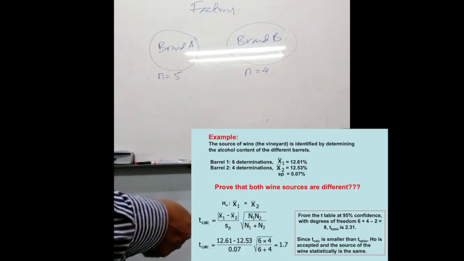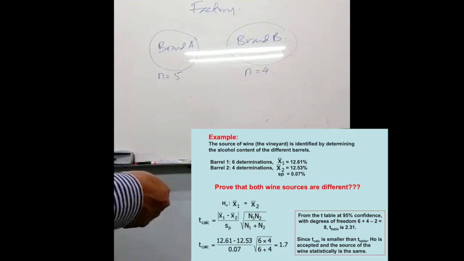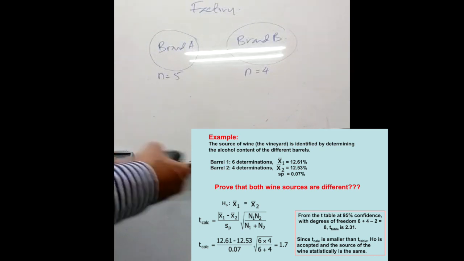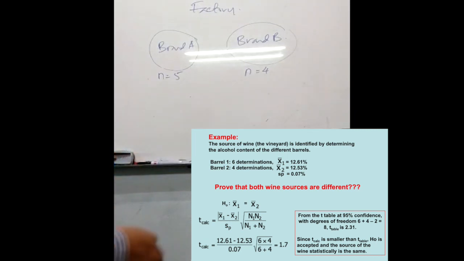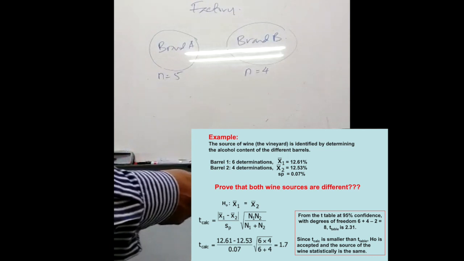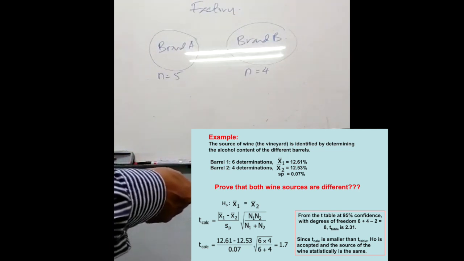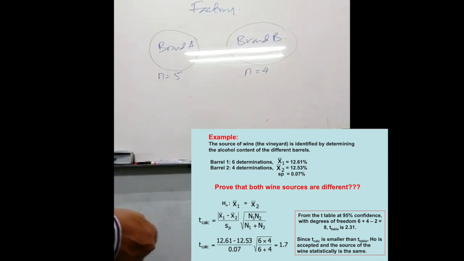Okay, let's say this is the example. From our replicates of barrel 1 and barrel 2, we believe barrel 1 and barrel 2 came from the same source. We have 6 determinations, meaning 6 replicates, for barrel 1 and 4 replicates for barrel 2. We put it into the calculation and we get T calculation of 1.7.